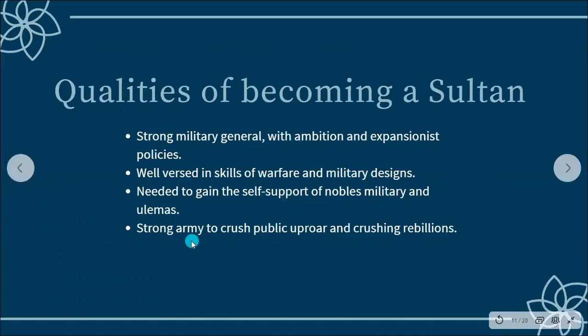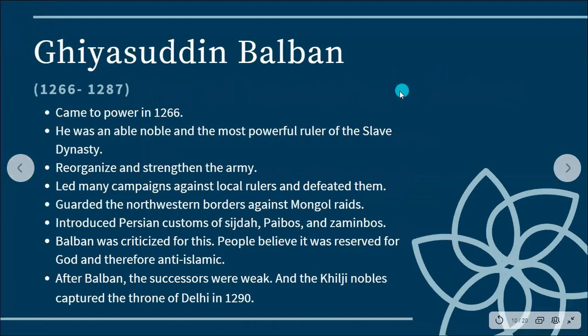And also you need a strong army to crush public uproar, rebellions, as well as to expand, right? So these qualities would make you a good sultan, and Ghiyasuddin Balban had all of these, right?